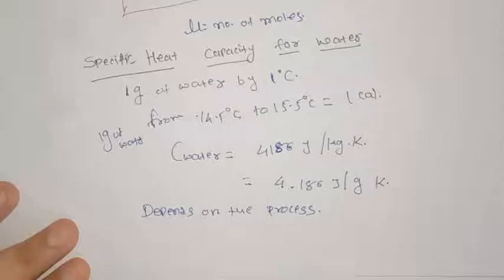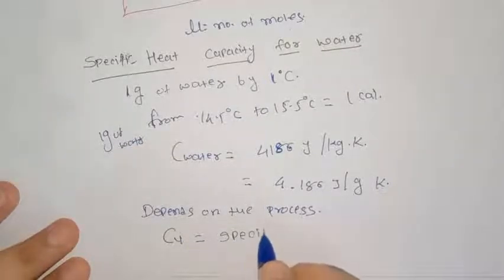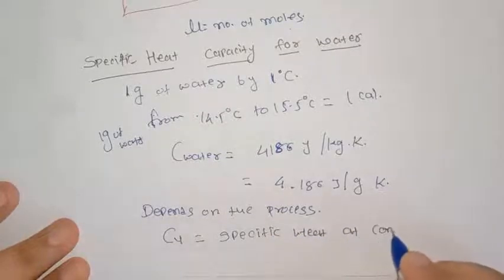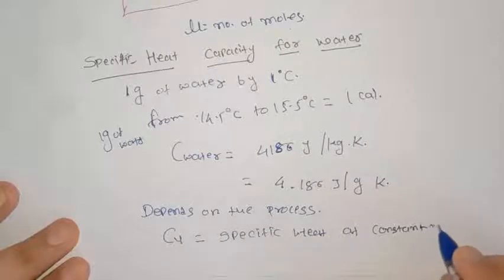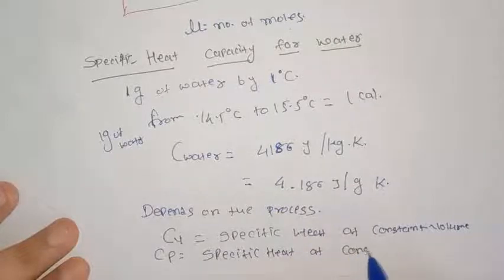For gases, two types of specific heats are specified, that are Cv, that is specific heat at constant volume, and Cp, that is specific heat at constant pressure.